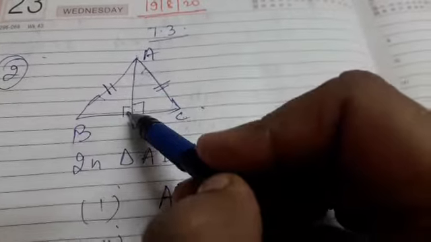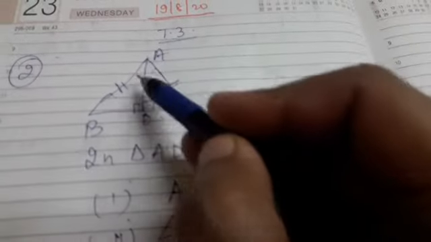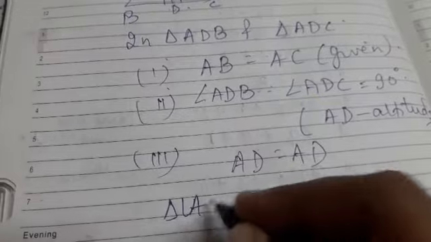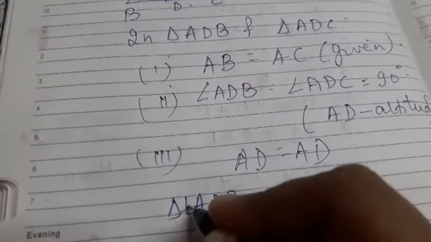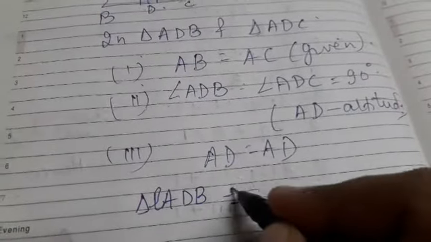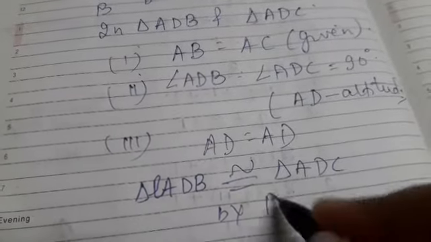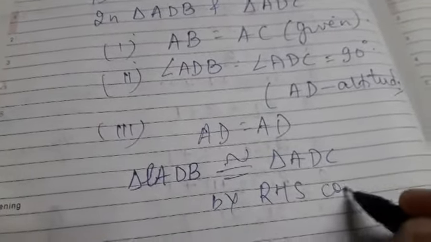Now you have got this side, that is the hypotenuse, and this angle. So the congruence which is used here will be: triangle ADB is congruent to triangle ADC by RHS congruence, right?